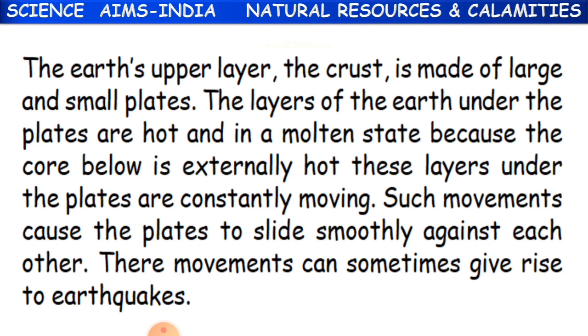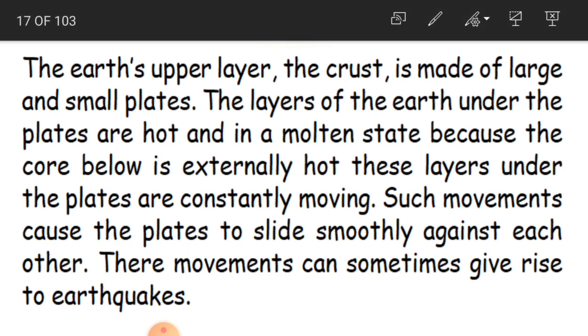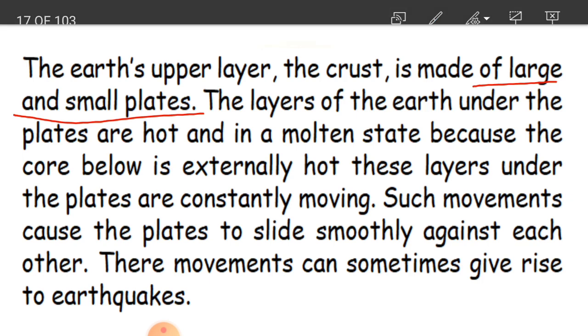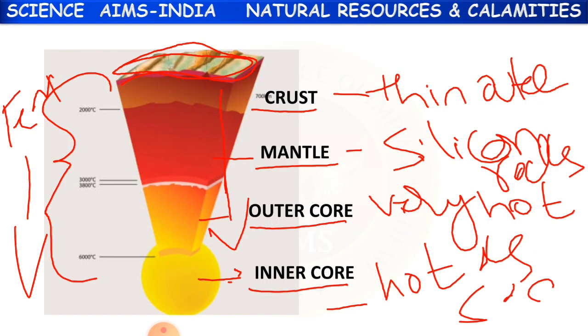The earth's upper layer, the crust, is made up of large and small plates. This first layer is made up of some small and large pieces, which we call tectonic plates.